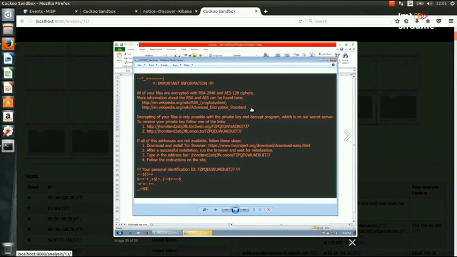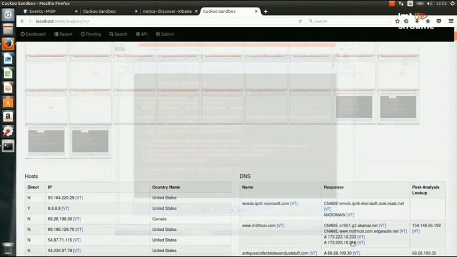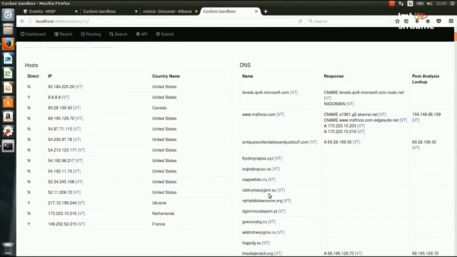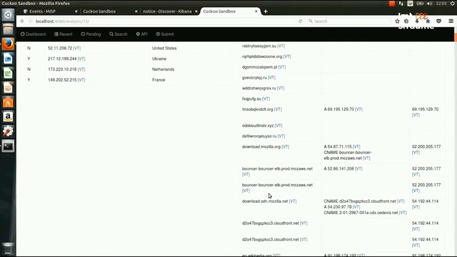And with Bro IDS, in the Bro scripting language, you can actually do a lot of stuff that is not relevant to IDS or your Bro environment.